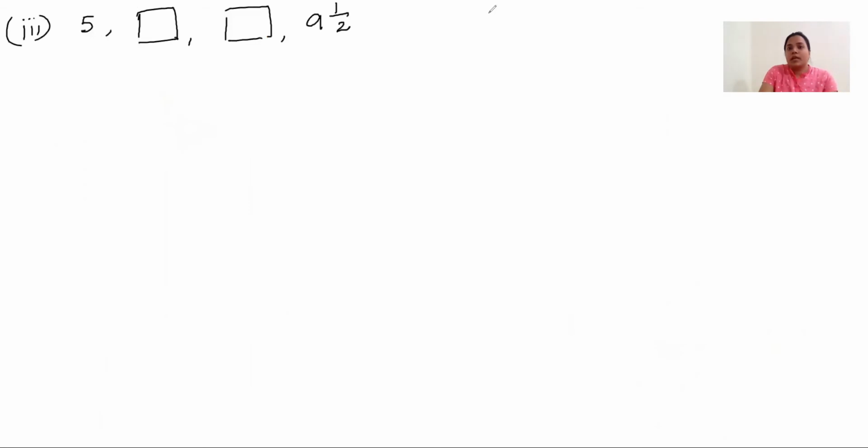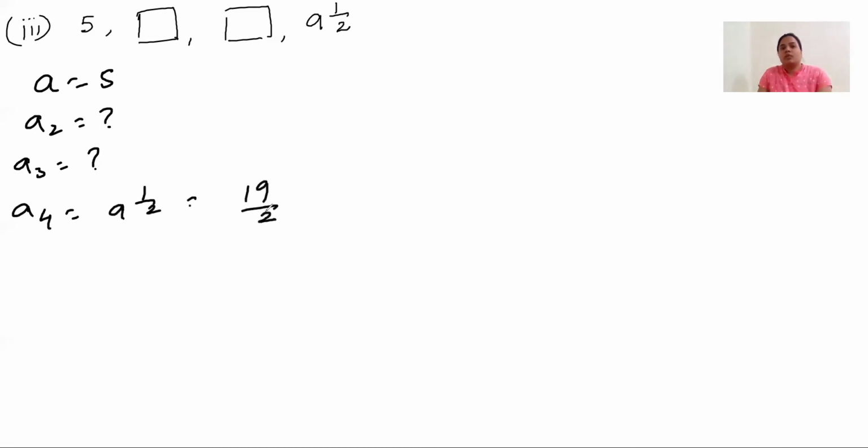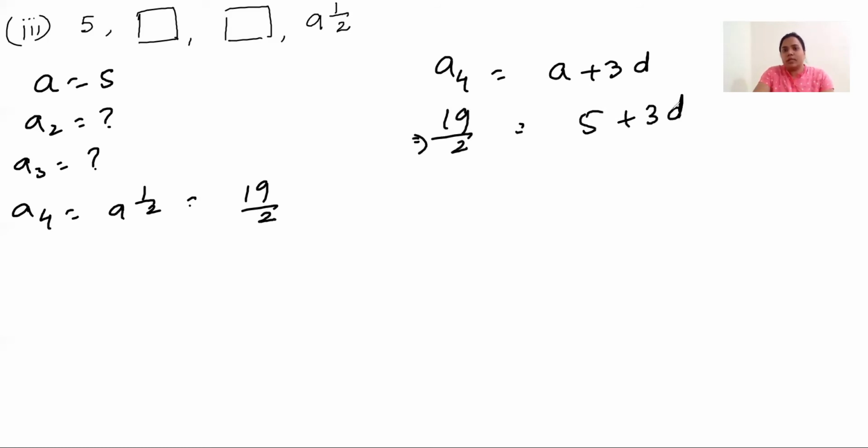Next one, A is given, A2 is not given, A3 is also not given, and A4 is given as 9 1 by 2, that is 19 by 2. We have A, we don't have D. So we can find D using the A4 formula only. So A4 is A plus 3D, means 19 by 2 is equal to 5 plus 3D.